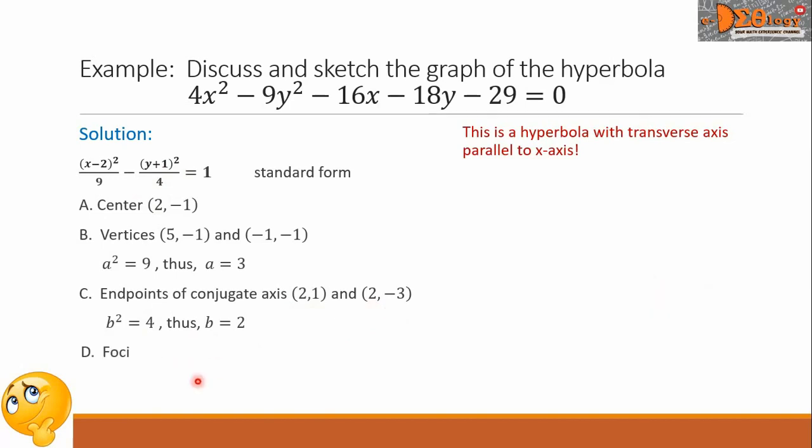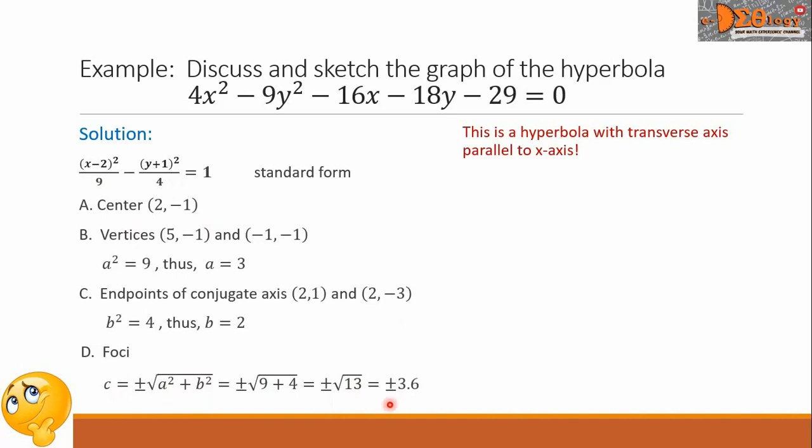Next are the foci. Let us compute for c using this formula, plus or minus the square root of a squared plus b squared. The a squared is 9 and b squared is 4. So we take the sum of 9 and 4. So we have plus or minus the square root of 13.